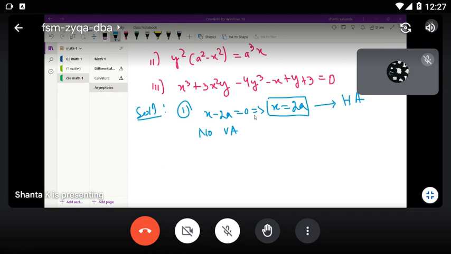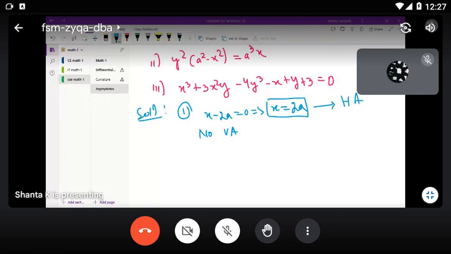Substitute mx plus b in the equation and find it. Two oblique asymptotes.